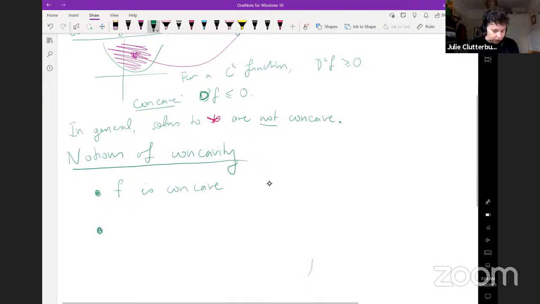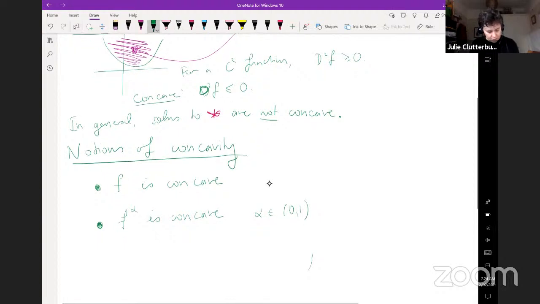This is a little bit weaker, and this is called alpha concavity: F to the alpha is concave, for some alpha in (0,1). The zero case of this is when log F is concave. This is called log concavity.